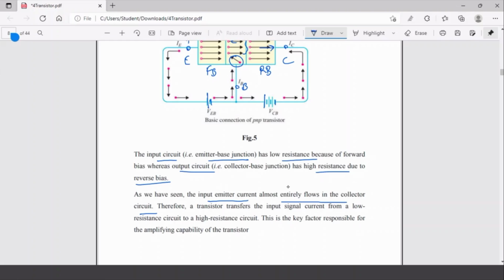So the transistor is transferring the input signal from a lower resistance circuit, the forward bias PN junction diode, to a higher resistance circuit, and this leads to the amplification capability of the transistor. This is how it acts as an amplifier.